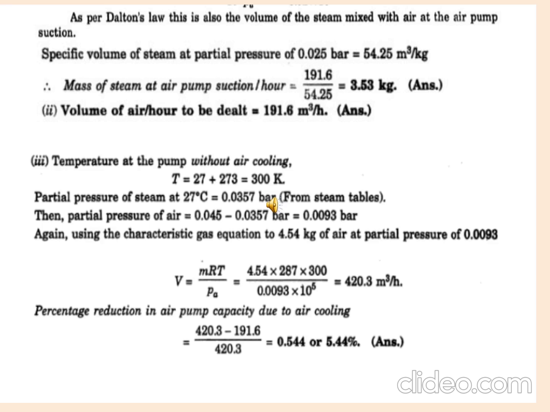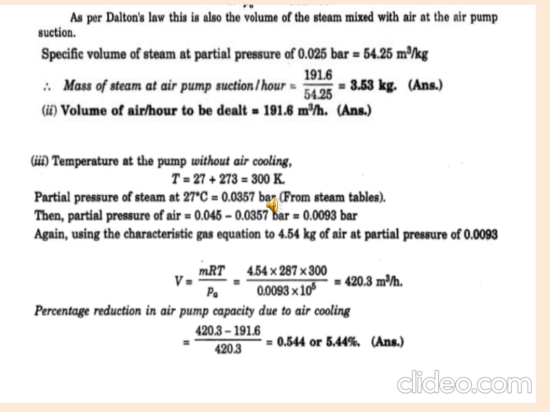So 4.54 into 287 into the temperature 21.1, which converted into Kelvin is 294.1, divided by 0.02 into 10 to the power 5. Okay, 0.02 is the partial pressure we got for air. So it will be 191.6 meter cube per hour.